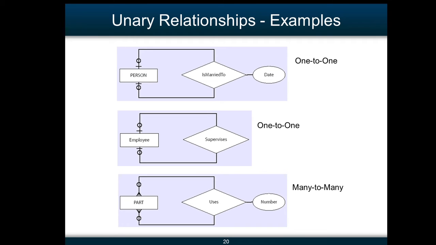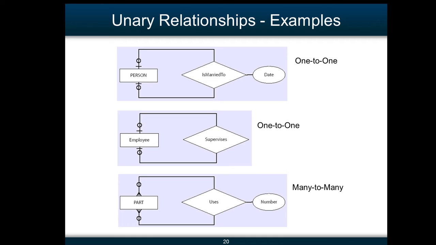For unary relationships, we have these examples. For one-to-one unary, here we have a person. We only have one entity that is married to the same entity type. We have only one entity here, which is the person, and this is an example of a unary, one entity only.